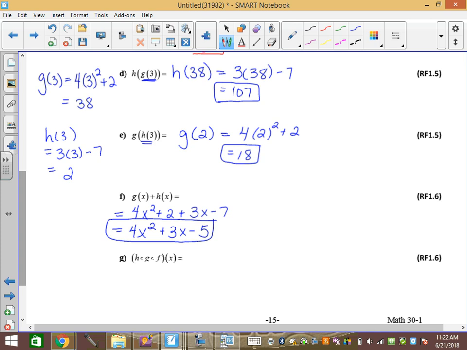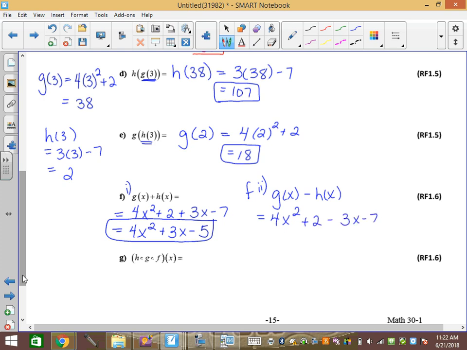Okay? Now what if I did, off to the side here, g of x minus h of x as like an f part 2, let's say, and this would be an f part 1. So g of x minus h of x. So I would get 4x squared plus 2 minus 3x minus 7.